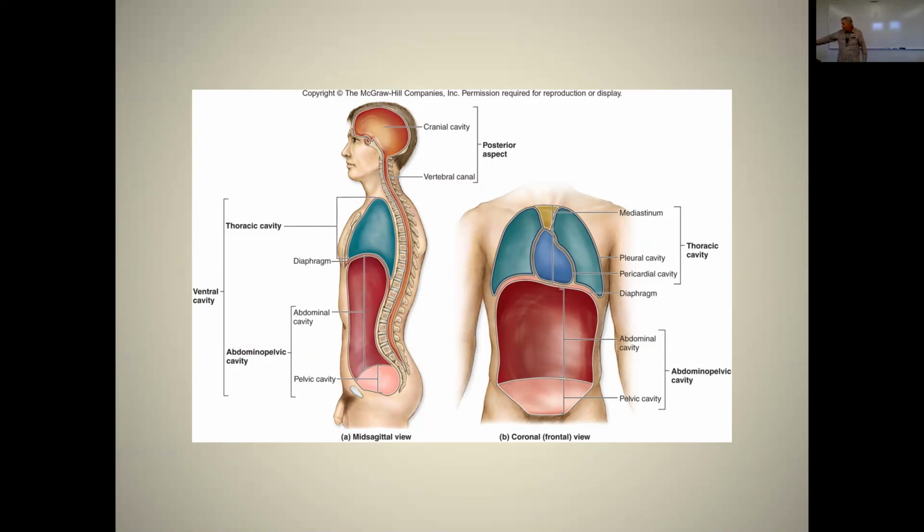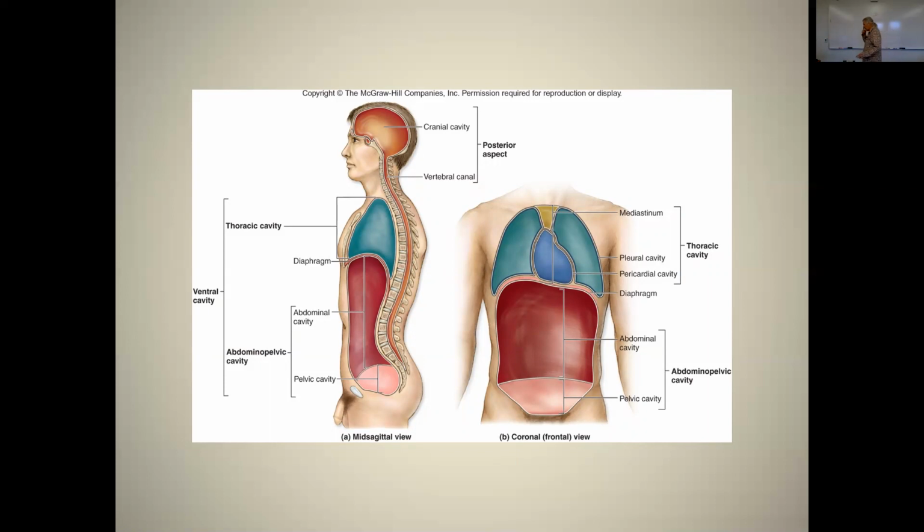Then ventral cavity, thoracic cavity, abdominopelvic. In the thoracic, two pleural cavities and on both sides a pericardial cavity. Then the abdominopelvic cavity is the abdominal cavity where most of the digestive organs are, and the pelvic cavity where more excretory and reproductive organs are.